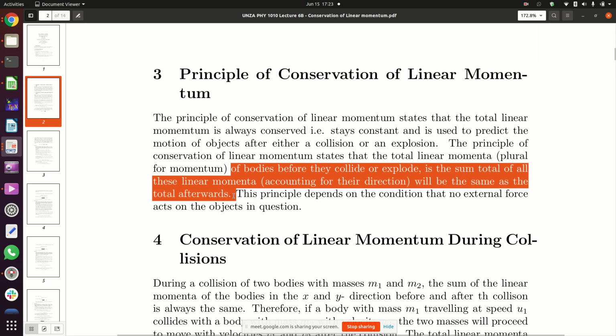So basically, the total linear momentum of bodies before they collide or before an explosion has to be the same as the total linear momentum just after the collision or just after the explosion.